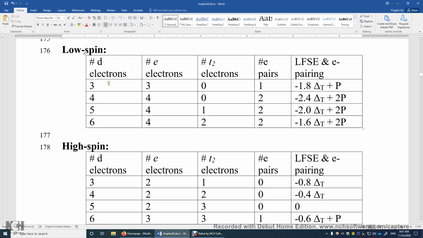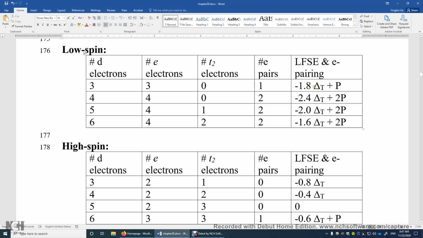When we have 3 electrons, they occupy the lower energy E orbitals. We have only 1 pair of electrons in one of the 2 d orbitals. And we have this LFSE plus the electron pairing energy. So this is negative 1.8 delta T plus P.